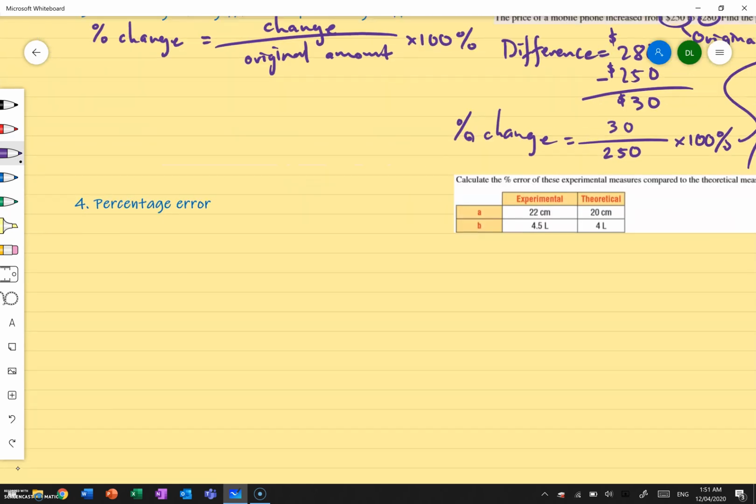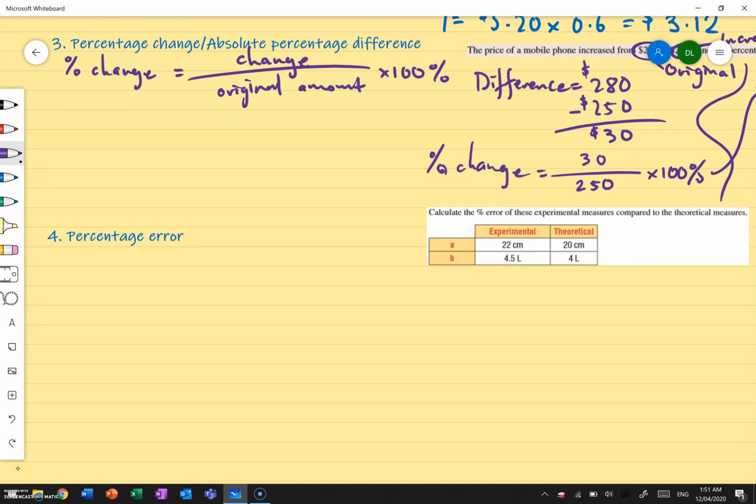Let's go and do our percentage errors. Very, very similar. The only difference is that we're looking at measured and theoretical. Let's say I have a piece of string. This piece of string, I make at a factory, and I tell you that this piece of string should theoretically be 20 centimeters.